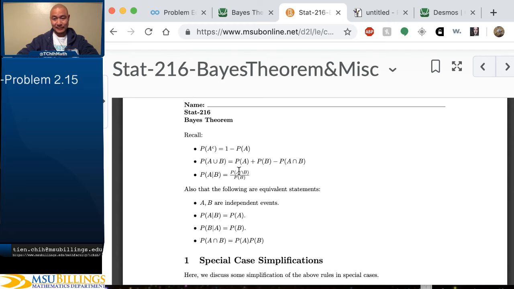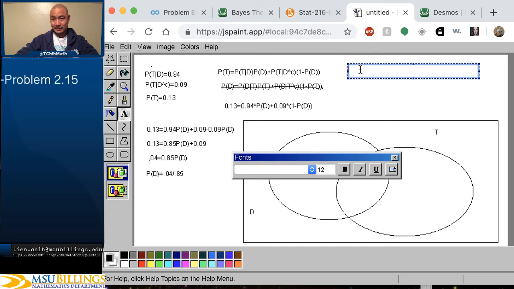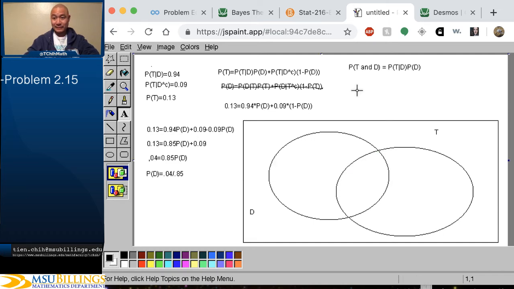We recall briefly that P of A and B is P of A given B times P of B. That's multiplying both sides here by P of B. So let's go back to my text box. P of T and D is equal to P of T given D times P of D. And the reason this is significant is I now know what P of D is, and I know what P of T given D is.